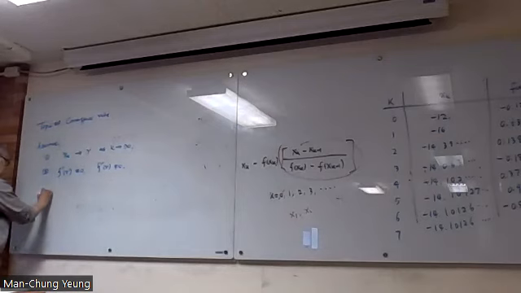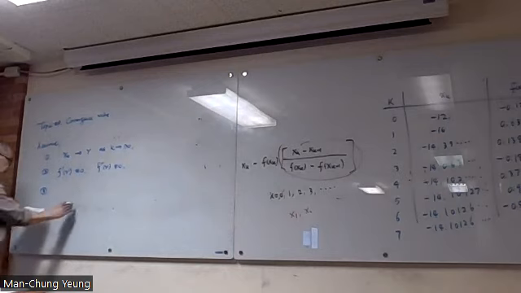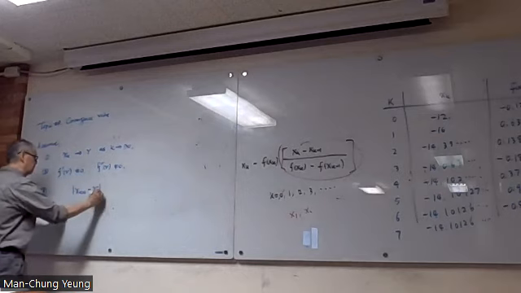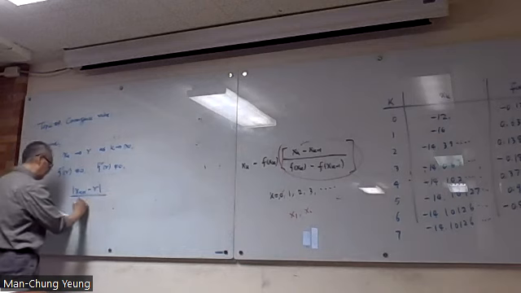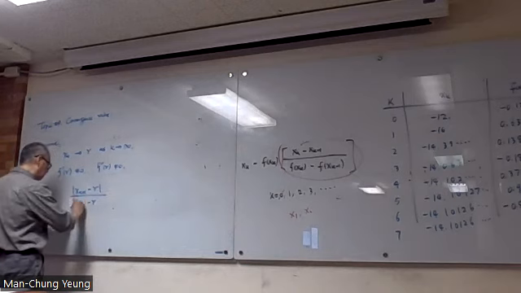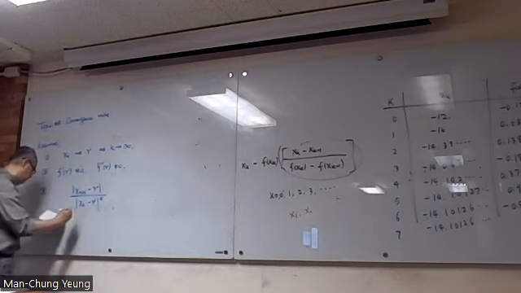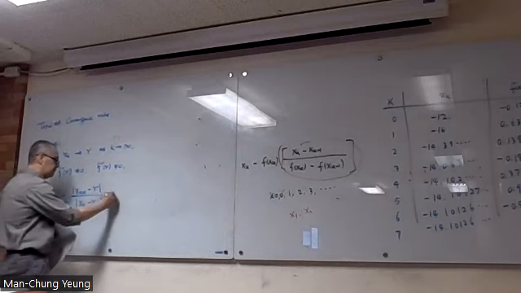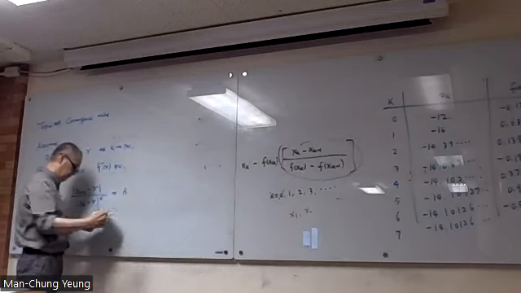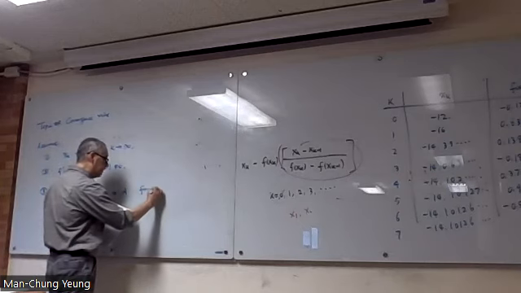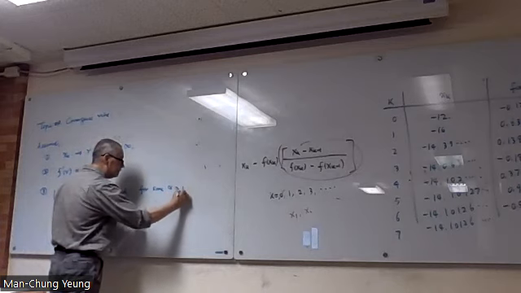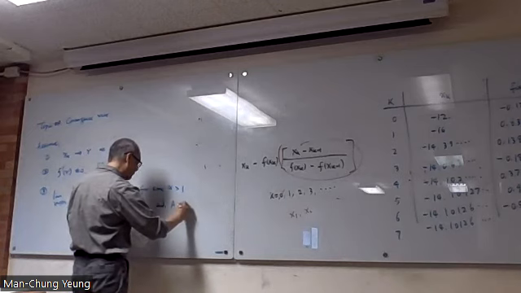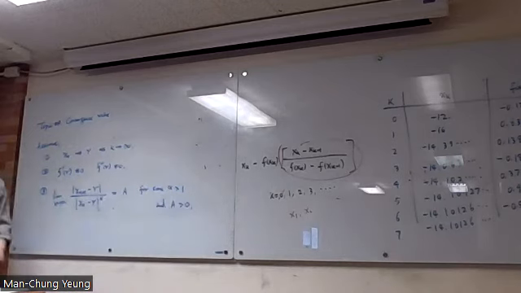The third assumption is that |xk+1 minus the root| over |xk minus r| to the power alpha, when k approaches infinity, approaches some number, for some alpha greater than 1 and the limit greater than 0. We make this assumption.